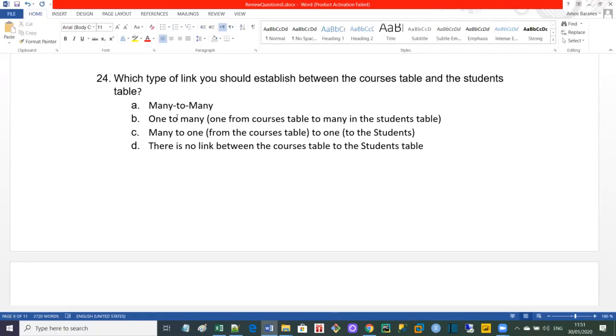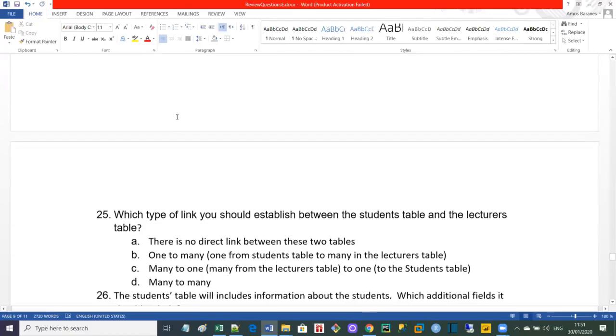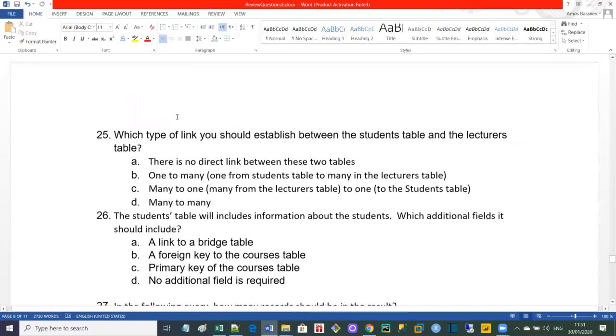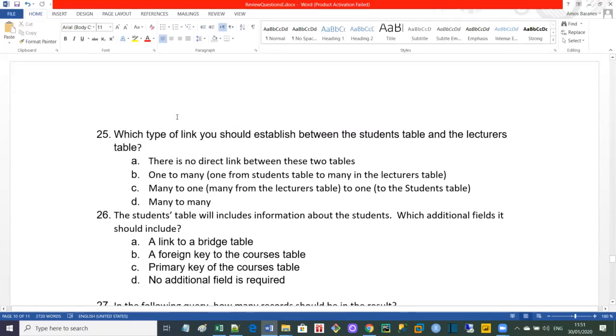Here I mentioned also the bridge table, don't forget that. You might see questions on, can I have a many-to-many without a bridge table? Definitely not. Okay? Let's see the next question. Which type of link should you establish between the students table and the lecturers table? Usually you want, not usually, it's really nonsense to have a direct link between students and lecturers.